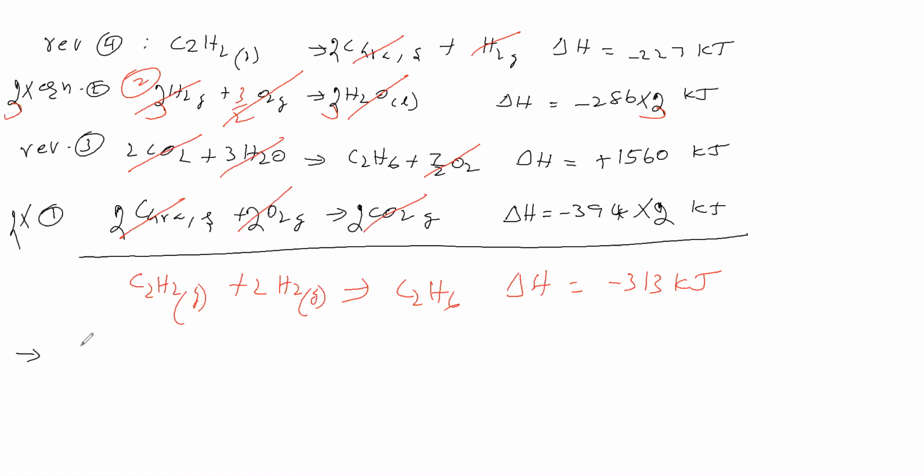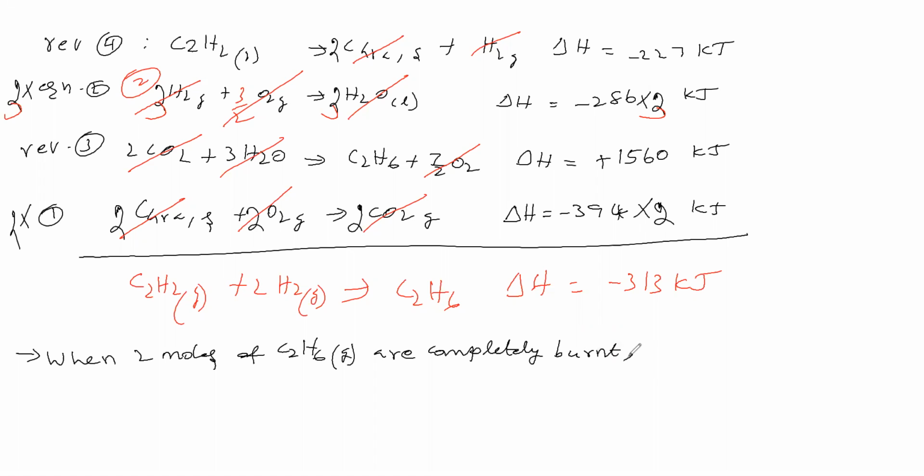The sum is: when 2 moles of ethane gas are completely burnt, 3129 kilojoule of heat is liberated.